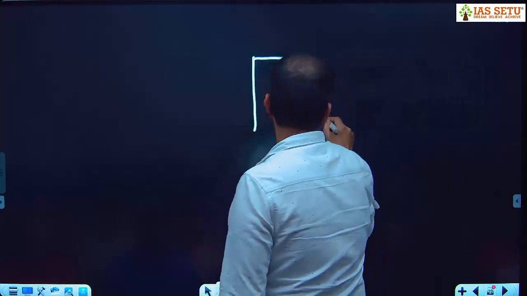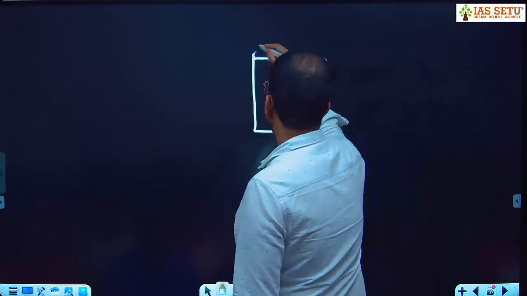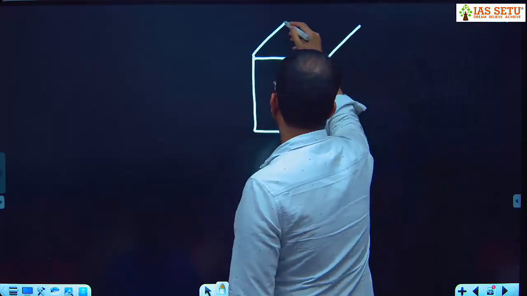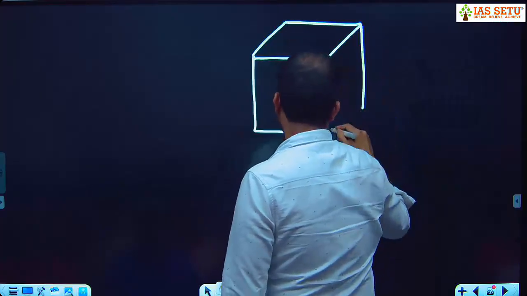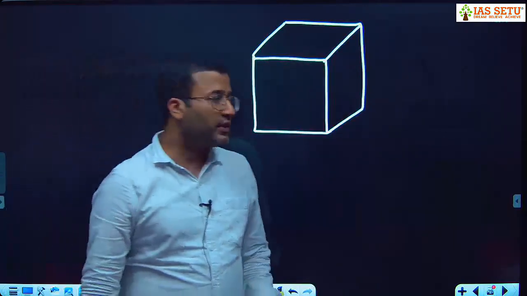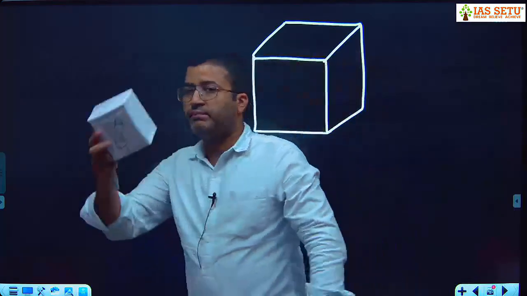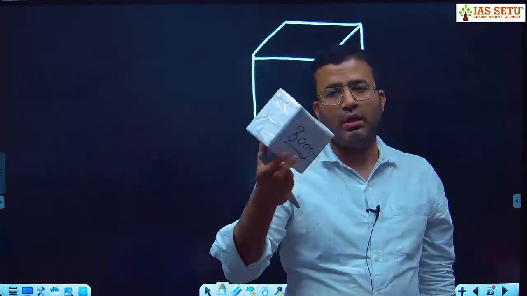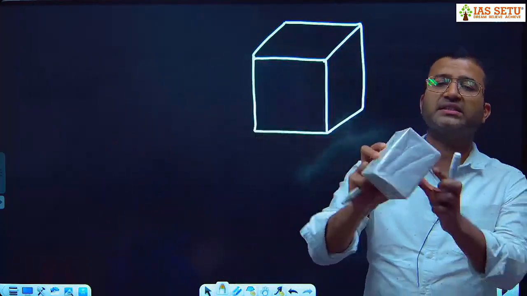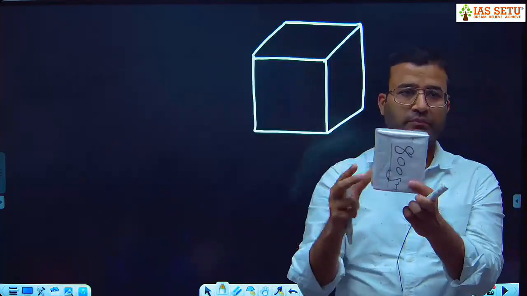Cube is a 3-dimension figure. What are the dimensions? Length, breadth, height. There are three axes: x-axis, y-axis, z-axis. All three axes are used. Like for example, this box, cuboid, but just imagine this is a cube for our topic.